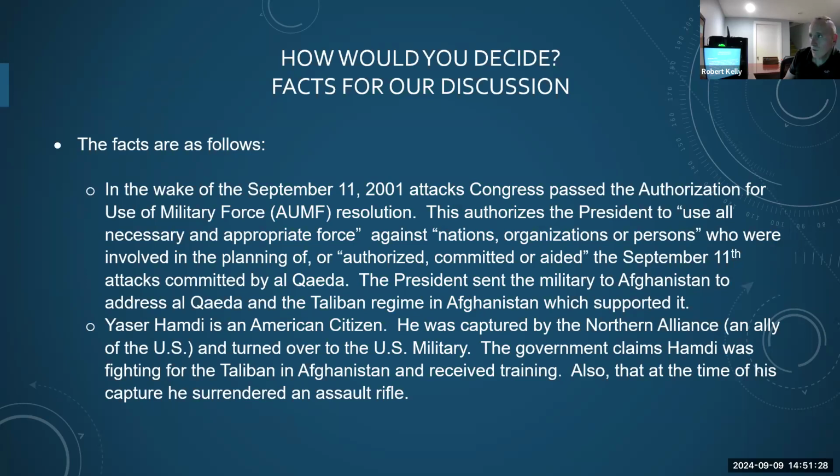In that resolution, the president was authorized as commander-in-chief to use all necessary and appropriate force against the nation's organizations or persons that were involved in the planning of, or authorized, committed, or aided in the September 11th attacks committed by Al-Qaeda. The president sent the military to Afghanistan to address Al-Qaeda and the Taliban regime, which supported it.